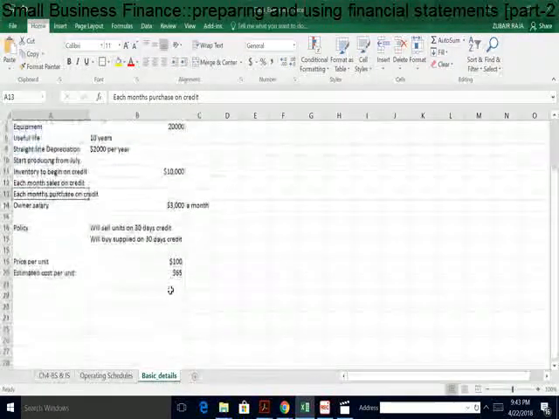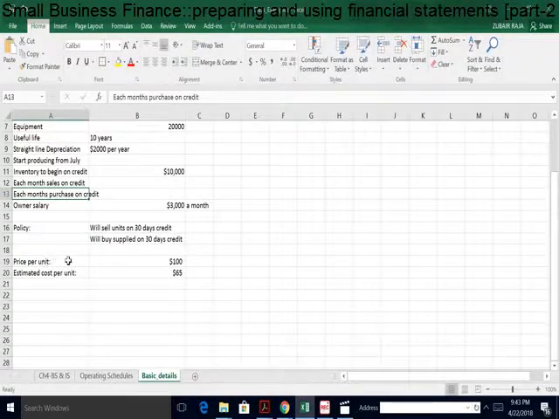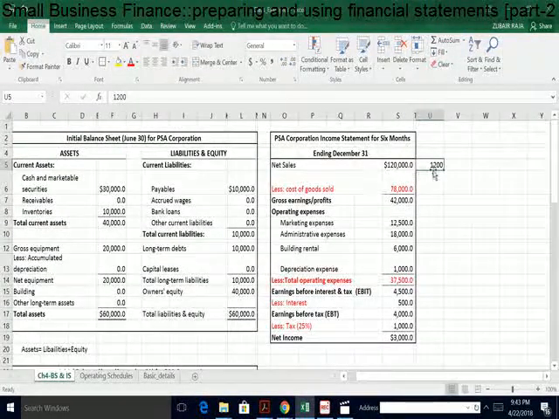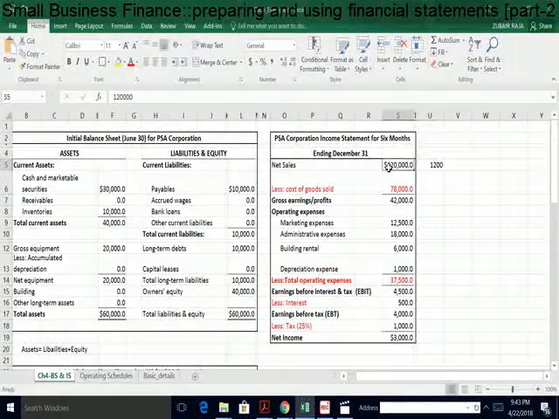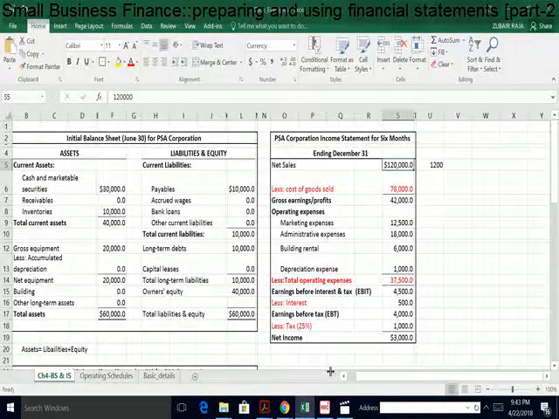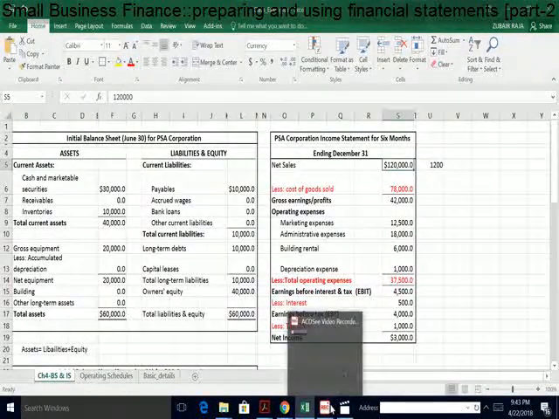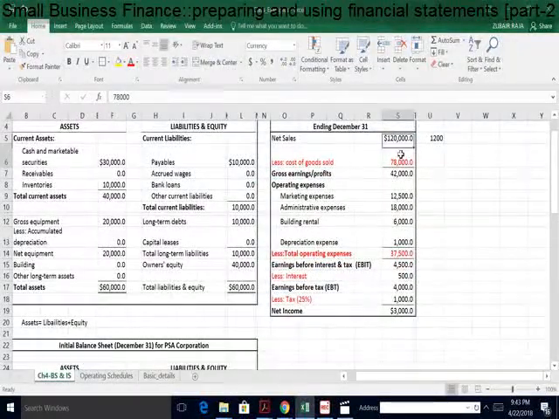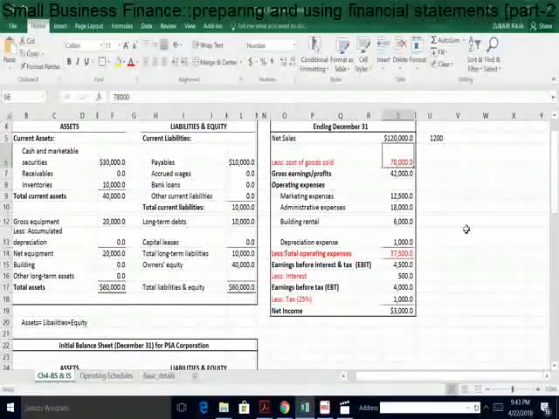This is the basic data that the per unit price is $100. So if you multiply 1200 with $100, you'll get $120,000. This is the net sales, the revenues of PSA Corporation during the 6 month period.